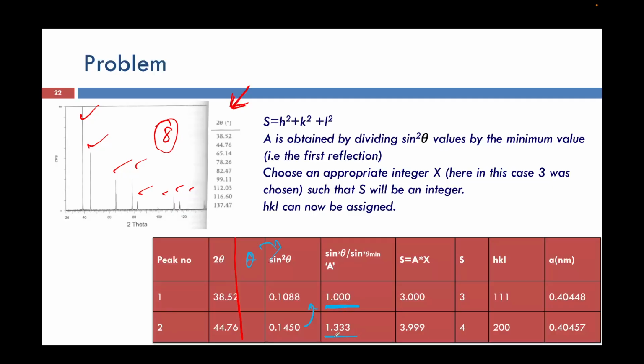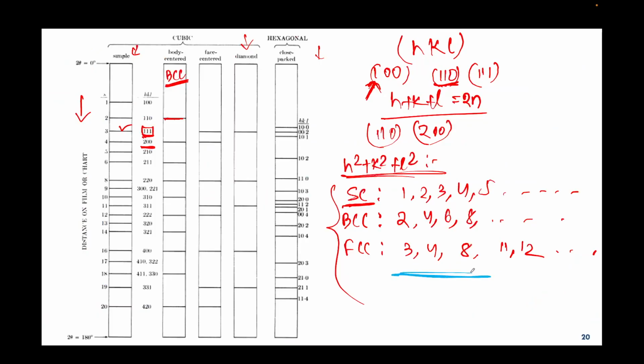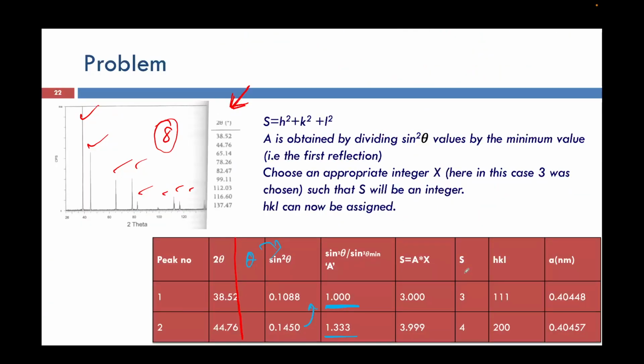But you know that 1.33 and the subsequent terms are not valid here. 1.33 is not a value that h square plus k square plus l square can have. So you have to pay a little attention and multiply this column by an integer so that you finally get integer values, not decimals.